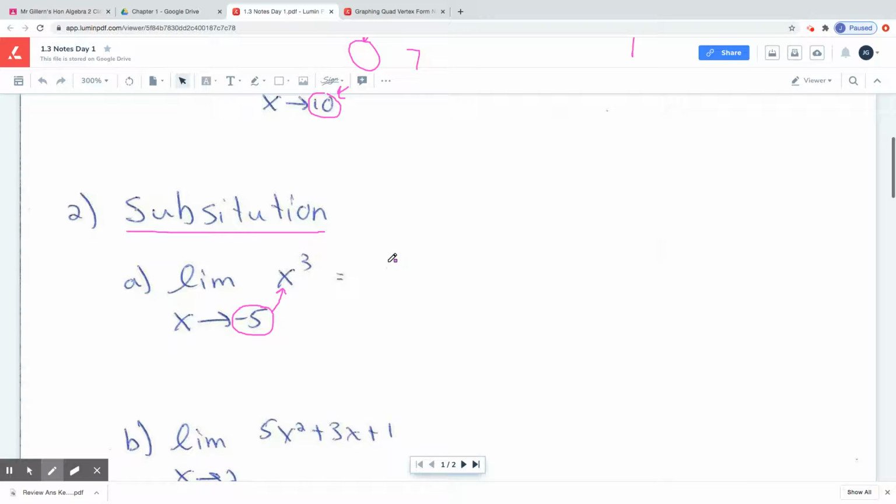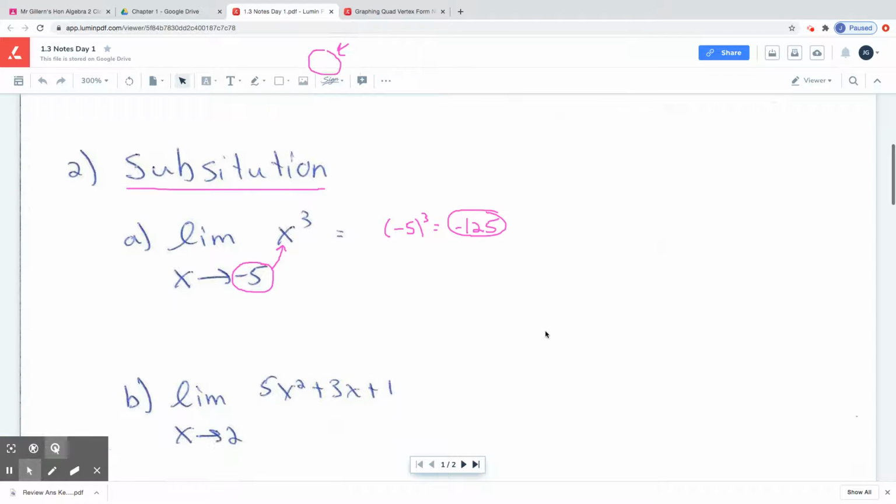So you get -5 cubed, which is -125. That is my answer. Just substitute directly into the problem.